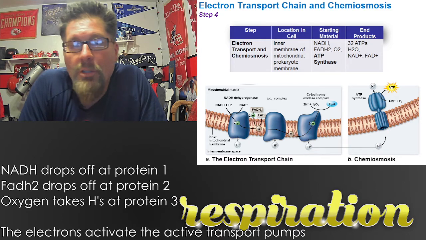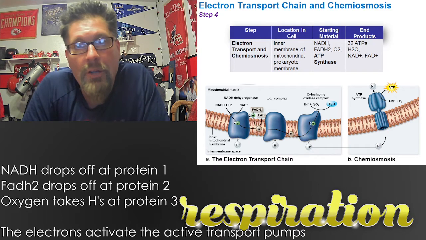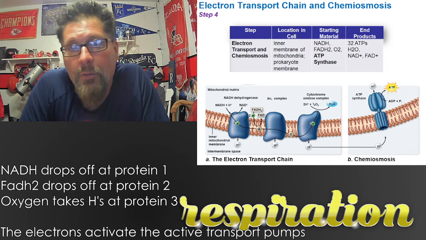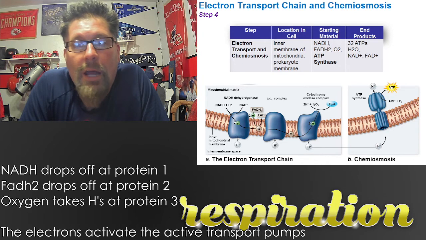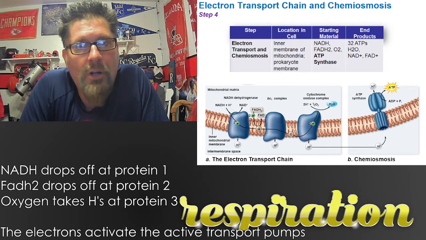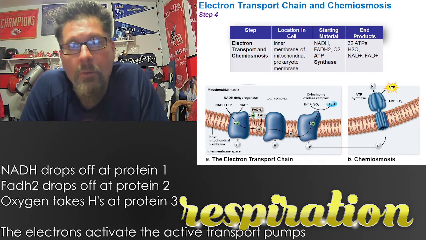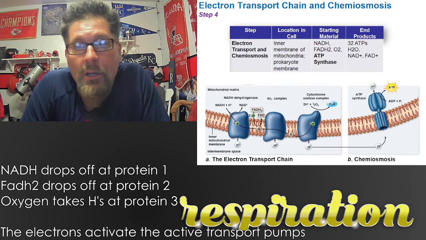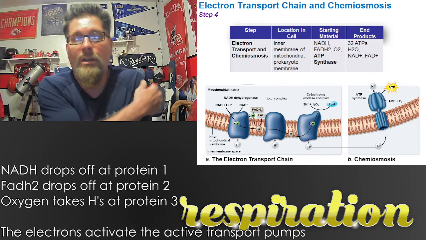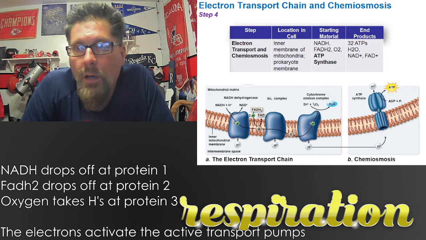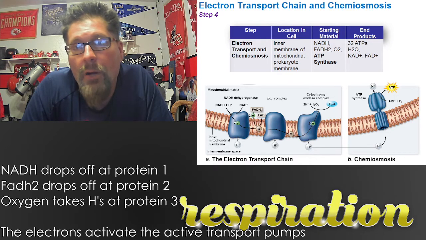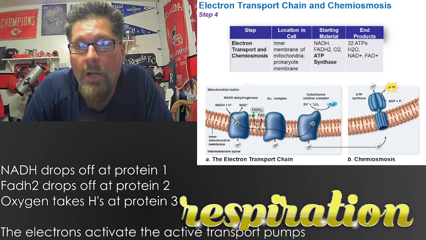And of course the difference in this location is that now some of our end products are those electron carriers, because when they become oxidized, they become listed in the end products. They no longer have the H's, but end products nonetheless.